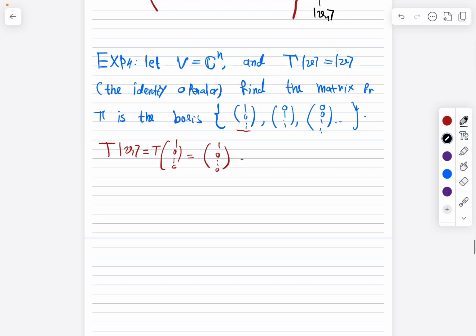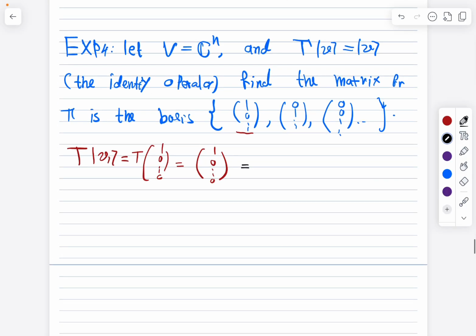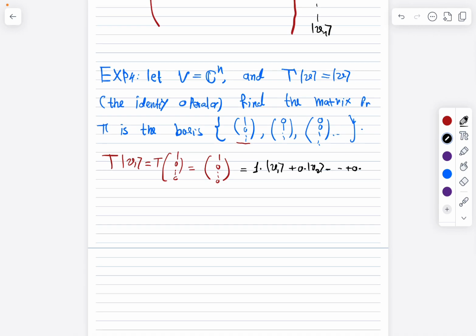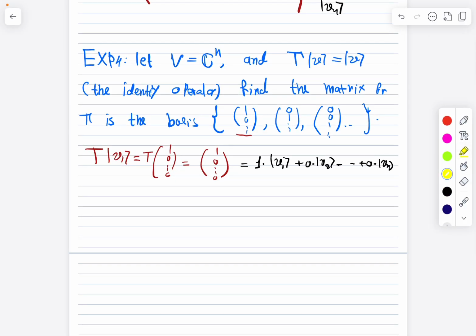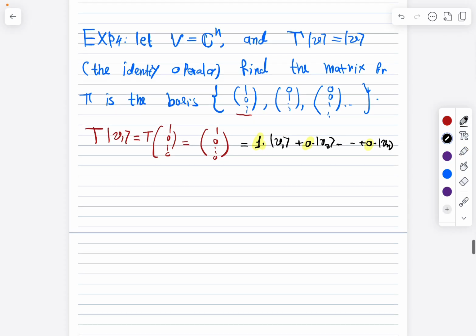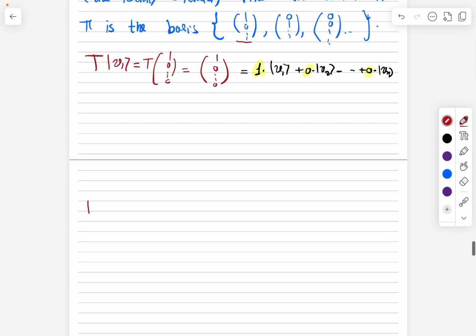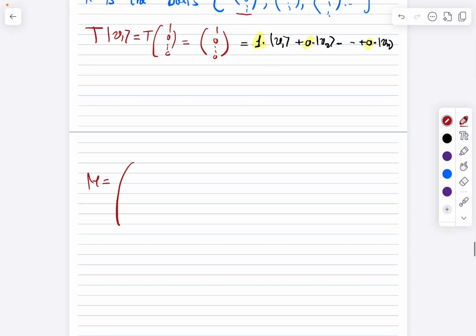It can be written as 1 times V1 plus 0 times V2, etc., until 0 times Vn. These are the components. We put them as the first column of my matrix. Let me put M here for my matrix. The first column, we said, is 1 followed by all zeros.